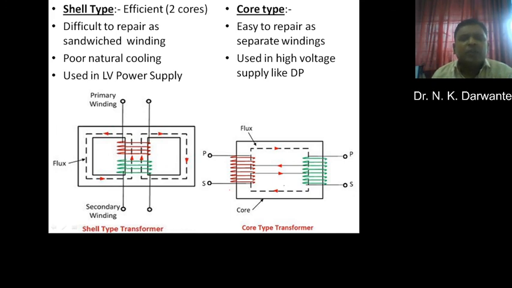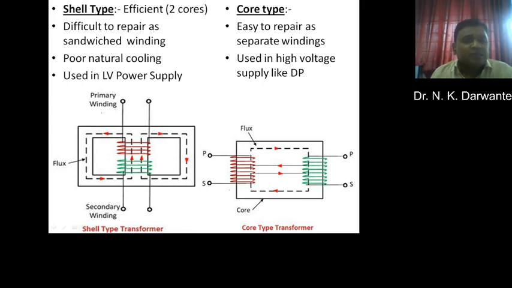On one limb there is the primary winding and on the other limb the secondary winding. Such types of transformers are used in high voltage supply like DP, meaning distribution of power supply. Another type is the shell type of transformer, where there are three limbs, but your winding is connected only on the central limb. Primary winding as well as secondary winding both use the central limb.